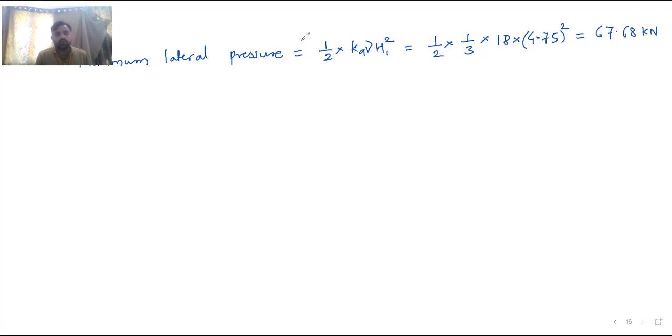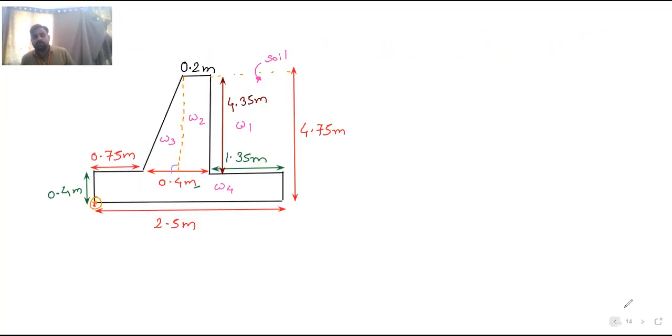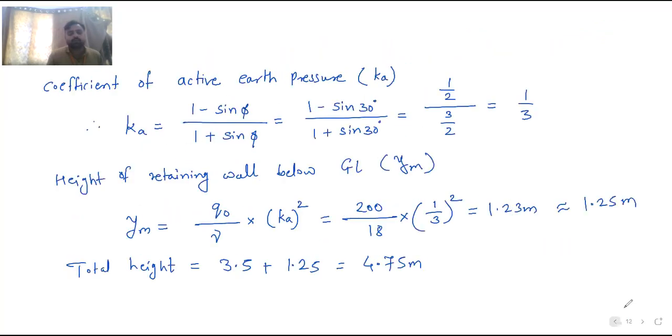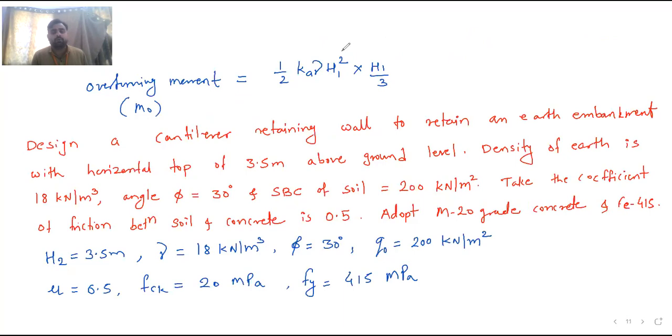Now calculate overturning moment, which will be in opposite direction to stability moment, M0. How to calculate the moment? The formula is the force multiplied by h1 by 3. See, this is the formula: half into k into gamma into h1 square, the force, multiplied by h1 by 3.